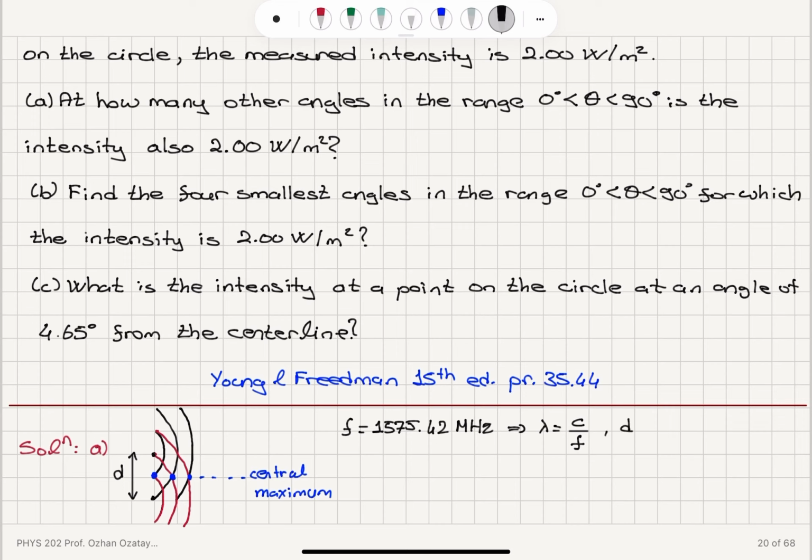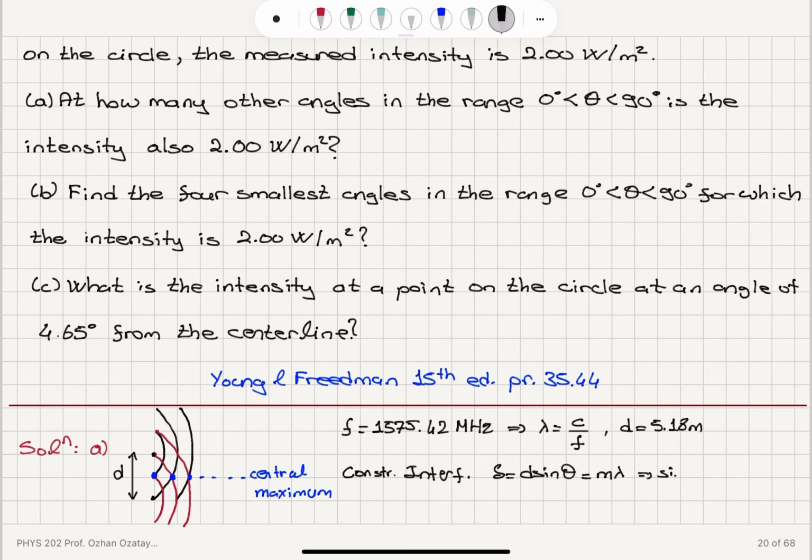The distance between the two sources is 5.18 meters. The constructive interference condition for Young's double slit experiment, remember, is that the path difference, d sine theta, is equal to an integer multiple of wavelengths, m lambda.